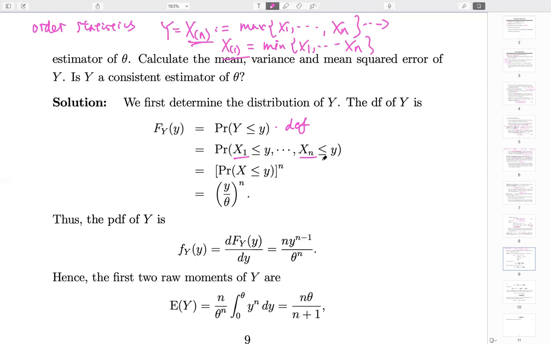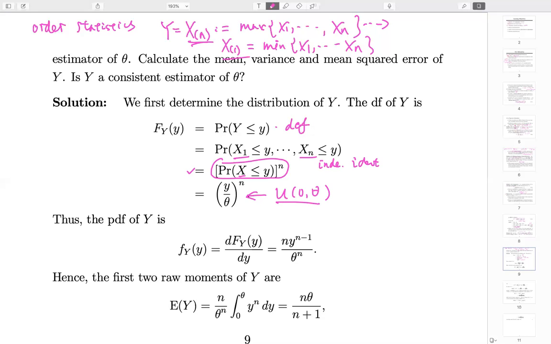And then we use the independence condition, independent and identical, to derive the next equality. And finally, we use uniform. So far, up to this step, it holds for any general distribution. We only apply uniform in the last equality, right?